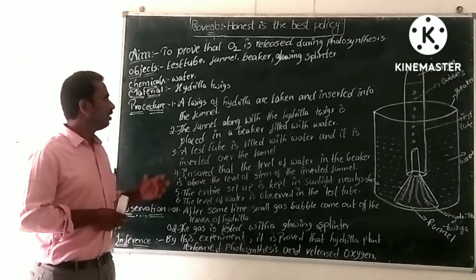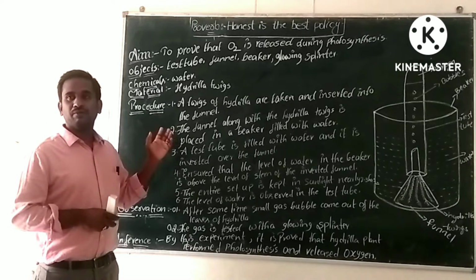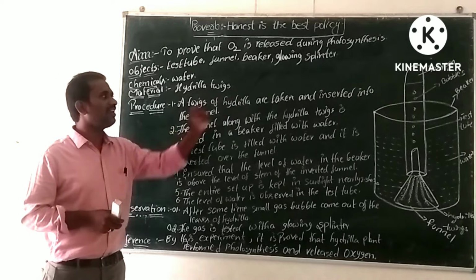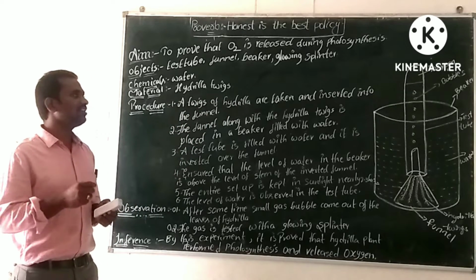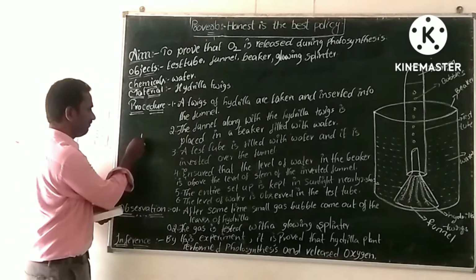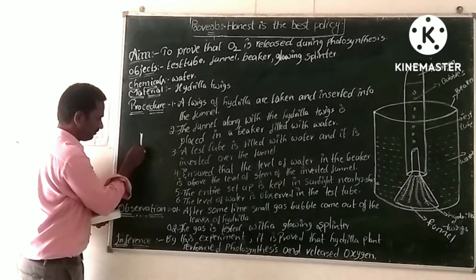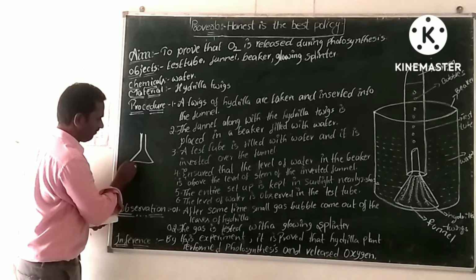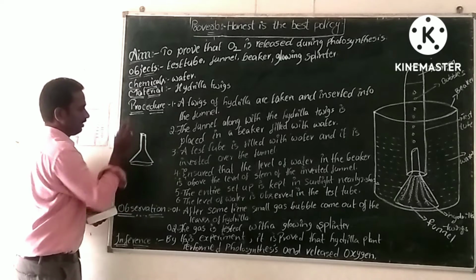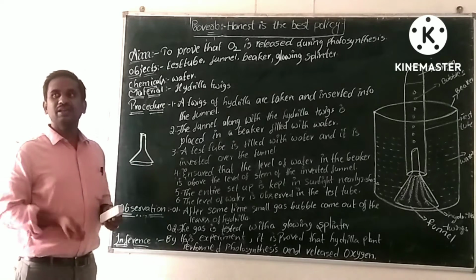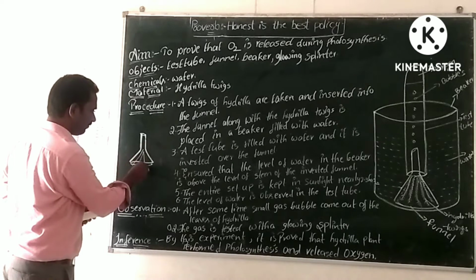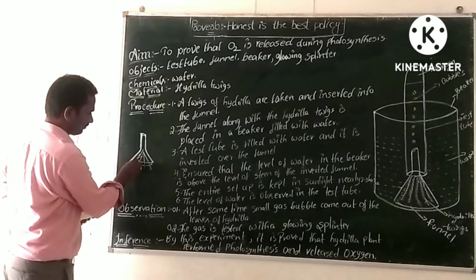Okay. So procedure. First of all, a twig of Hydrilla is taken and inserted into the funnel. It is a funnel. We will collect the twigs and insert them into the funnel like this.